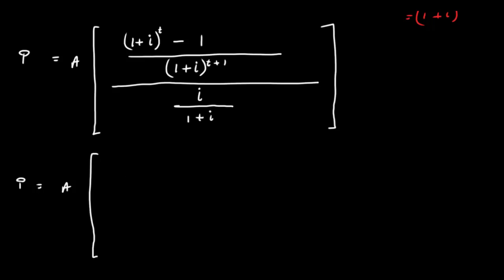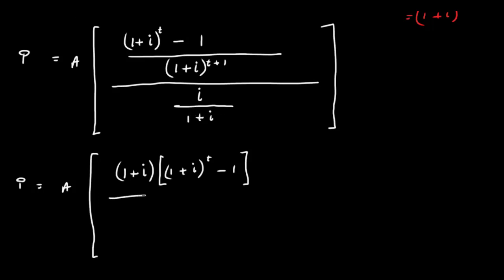What I'm going to end up with is the 1 plus i multiplied by 1 plus i to the power of t minus 1. So that's the denominator here multiplied by the numerator up here, because I'm flipping this fraction upside down and multiplying.